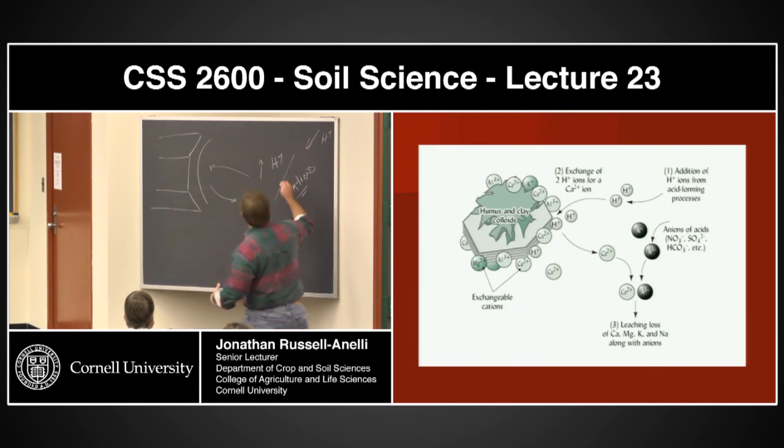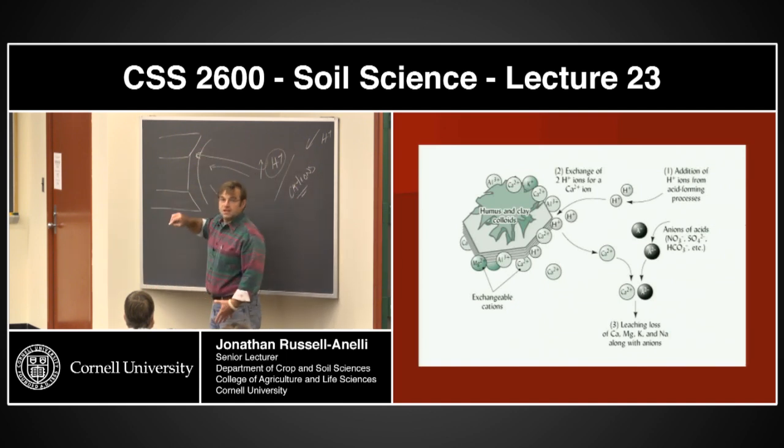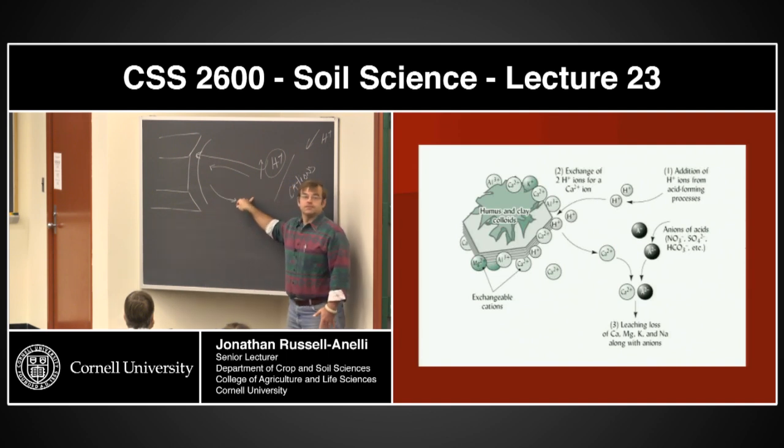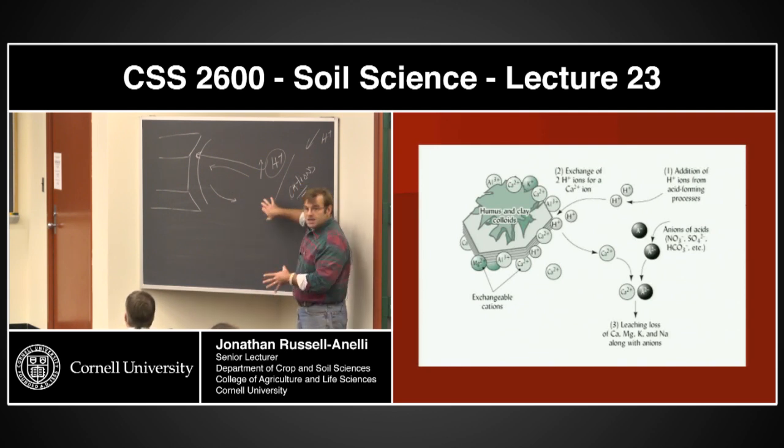Because what's happening is the proton is going onto this exchange site and it's now no longer in solution. Okay, now, there's another step here, and I want to hold off on that. But the pH that you measure is associated strictly with the soil solution.